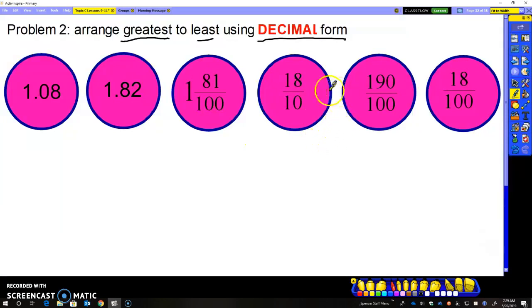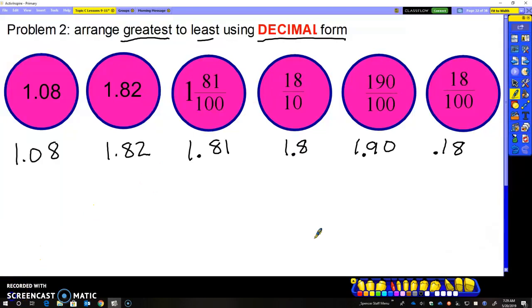All right, so check out what I got as my decimals. This one was kind of tricky, 18/10. You had to make sure you pulled out a whole. You had 8/10 left over. And this one over here, you had 18 hundredths, so this one doesn't have any wholes.